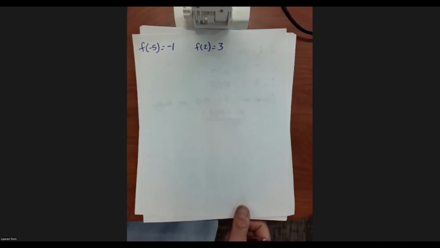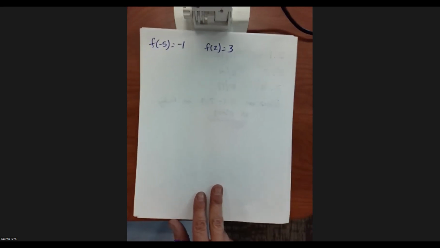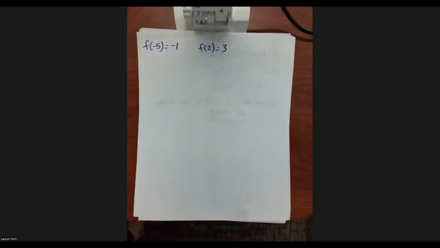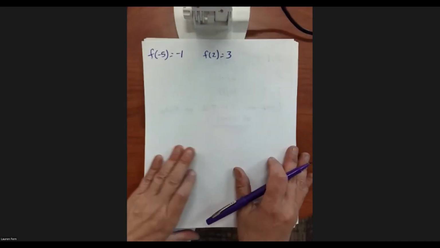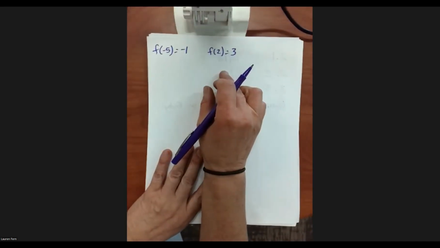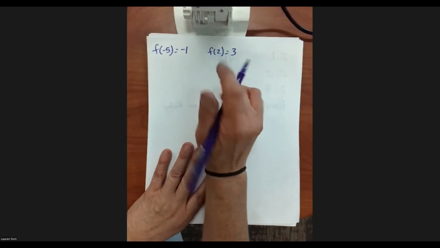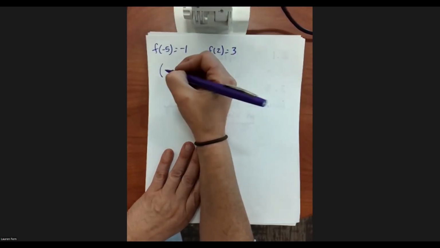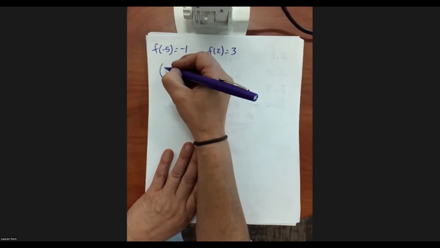Awesome. All right. So suppose you're given this information and you want to find the equation of the line. Okay. The first thing we need to do is write each of these as ordered pairs. How do I write this first bit of information as an ordered pair?